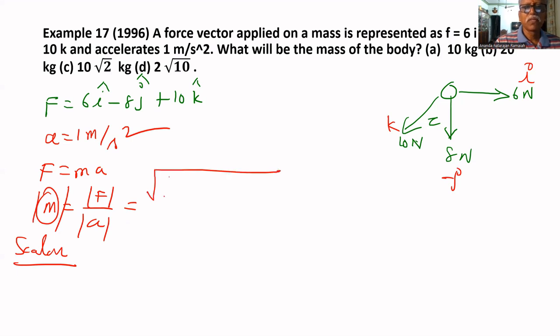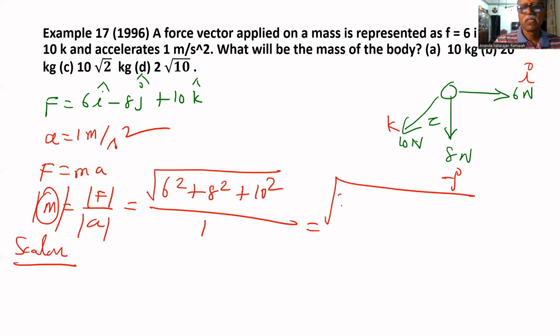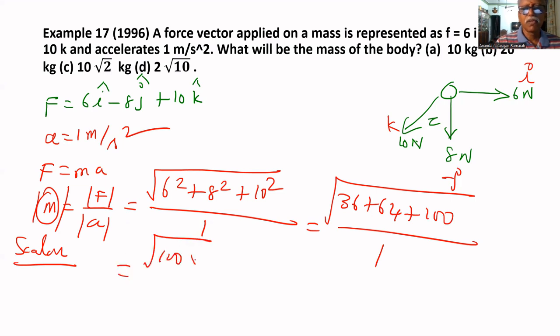Square root of 6 square plus 8 square plus 10 square divided by A equal to 1. That is equal to square root of 36 plus 64 plus 100 divided by 1. That is equal to square root of 100 multiplied by 2 divided by 1. That is equal to 10 root 2. 10 root 2, C is the answer.